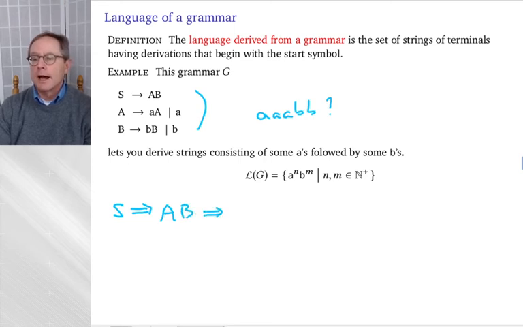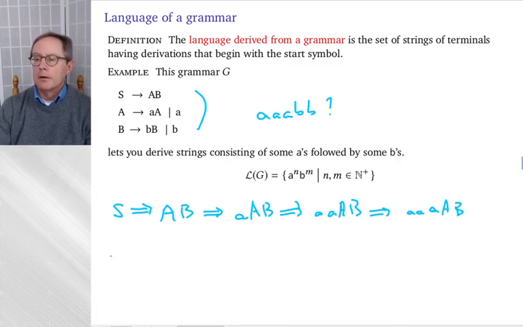Capital A, you're allowed to expand that to be lowercase a capital A. The B is still there. You're allowed to expand this capital A to be lowercase a capital A. The initial a and the closing B are still there. You're allowed to expand this capital A again. The two lowercase a's that I started with are still there, and now I'm allowed to expand that capital A to be lowercase a capital A, still the B. New line because I ran out of space.